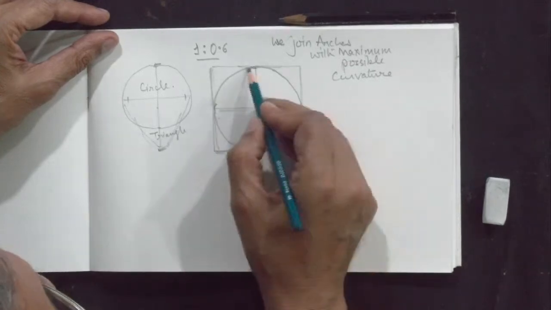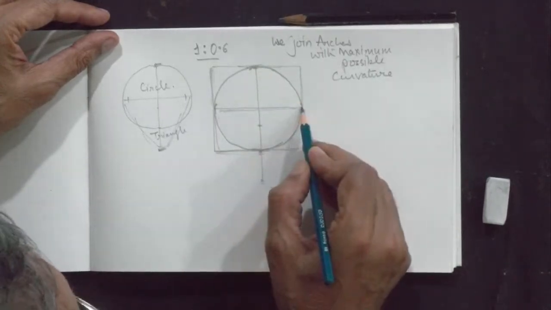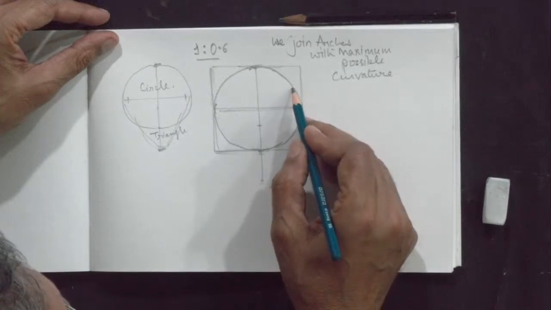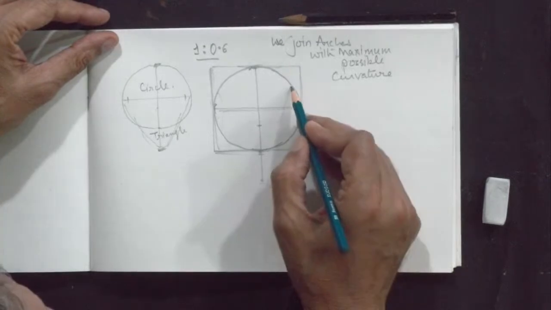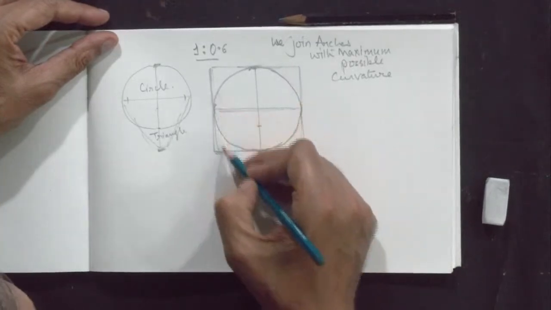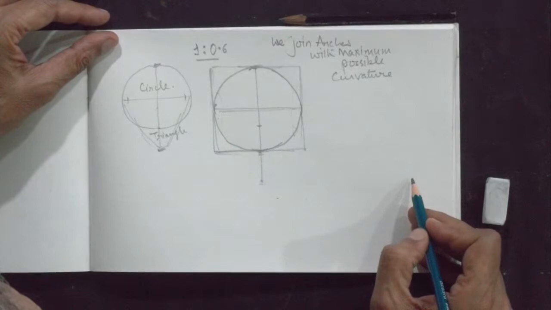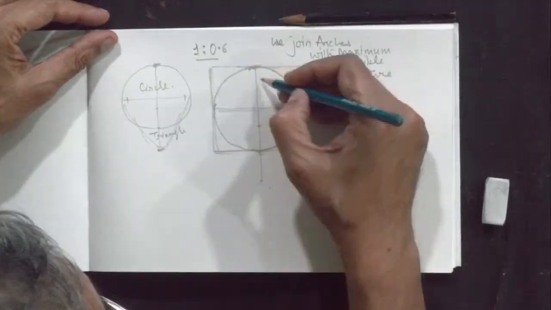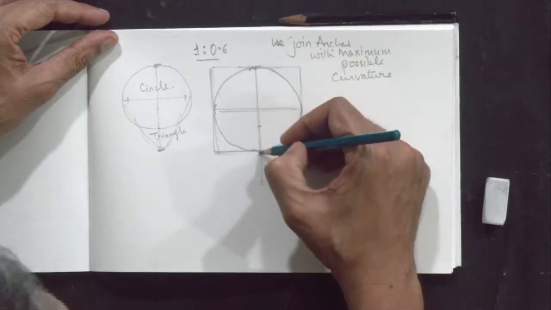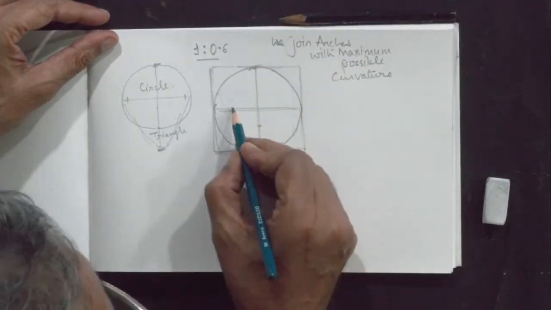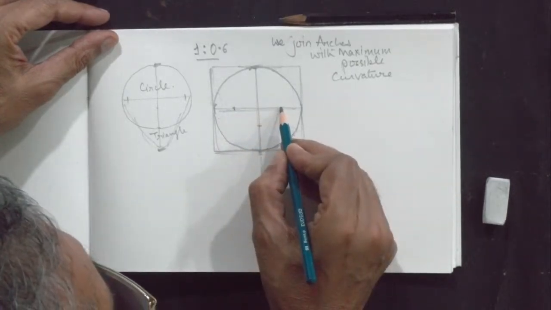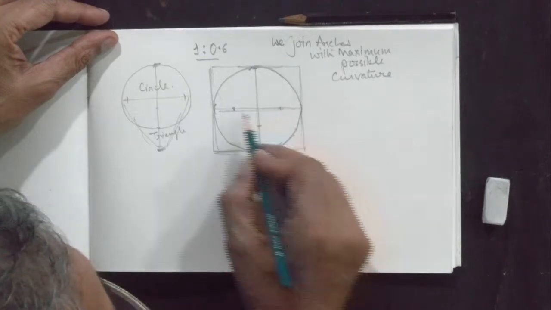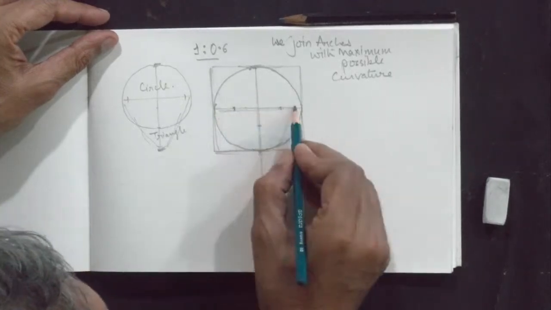Now from head to ear, there comes a pocket like a depression here, a depression here. What we do, we already have got half of the circle with a vertical line. Divide it into four equal parts.